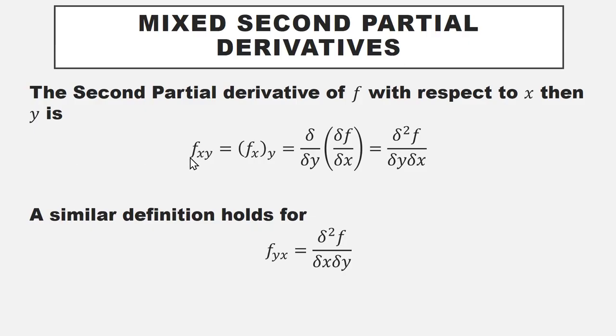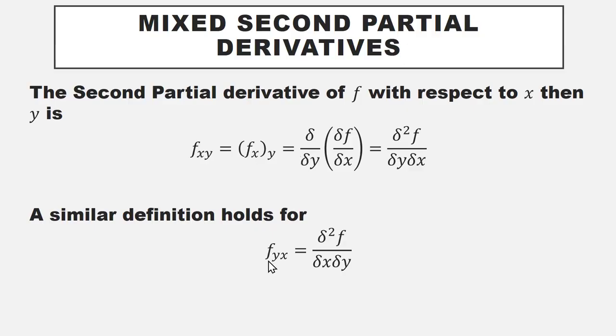Notationally, you go f sub x, then y. When I do this, I take the derivative with respect to x first, then the resulting function I take a derivative of with respect to y.